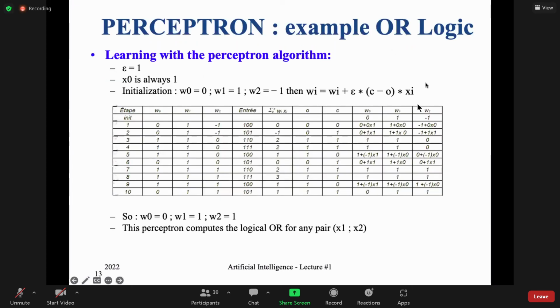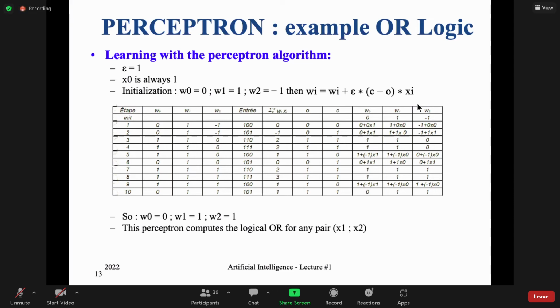So what we do here, we calculate with the Widrow-Hoff algorithm. Excuse me, here, entrée means that it's input, okay? And étape means it's a step, okay? So here, what I do is the initialization.